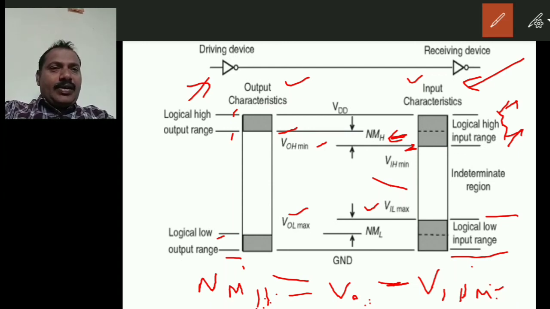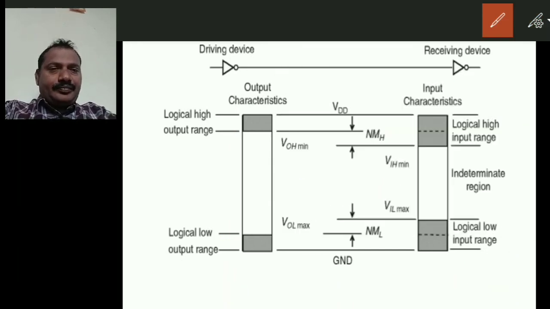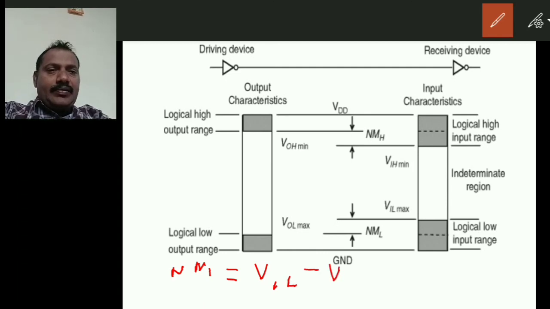Then the noise margin for the low level equals VIL maximum minus VOL maximum. This is the noise margin for low level logic.